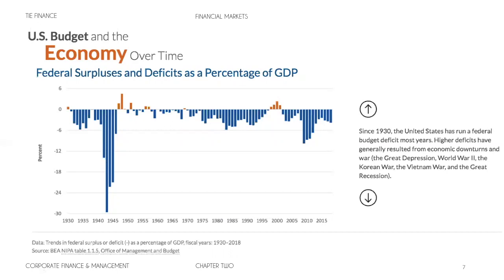In this case, they are financing wars, as you can see here, the Korean War, the Vietnam War, the Great Recession, right? Because they sell bonds to other countries or to other people, and even to the same people in the United States, because most of the bonds are held domestically inside the country.